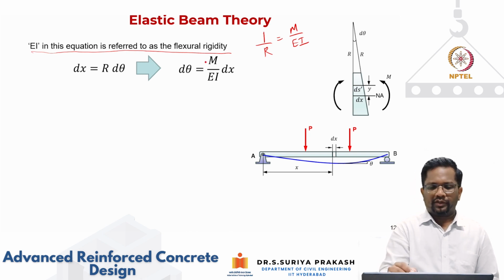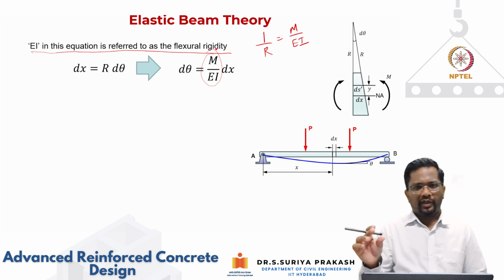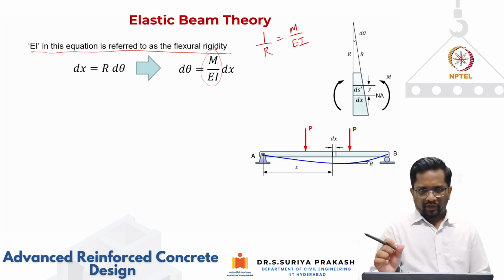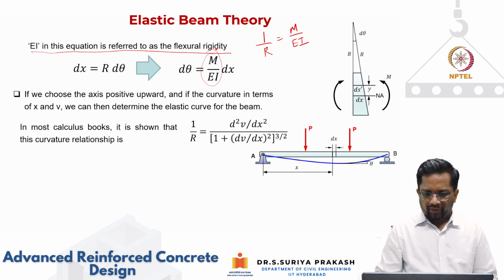So this is nothing but your curvature. If I need change in rotation, I have to multiply the curvature by the elemental length, or in other words, integrate the curvature for a small elemental length dx.